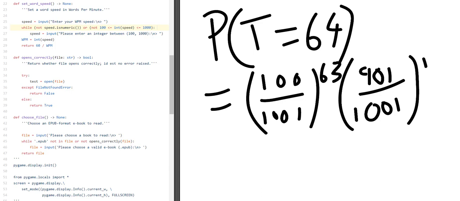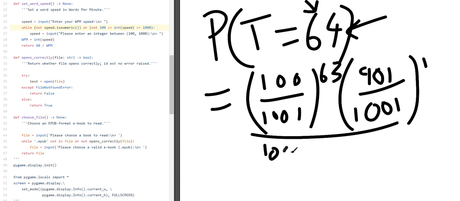So this is the probability that t equals 64. And remember, there's no upper bound on how much this runtime can be. So it's almost sufficient now to say that we have a pattern, and this pattern goes something like this.